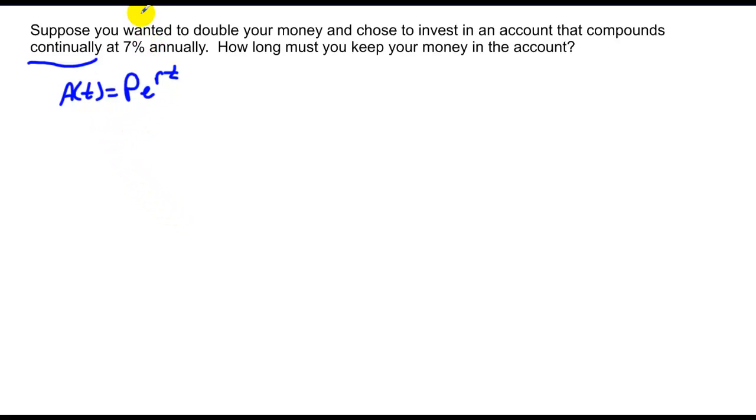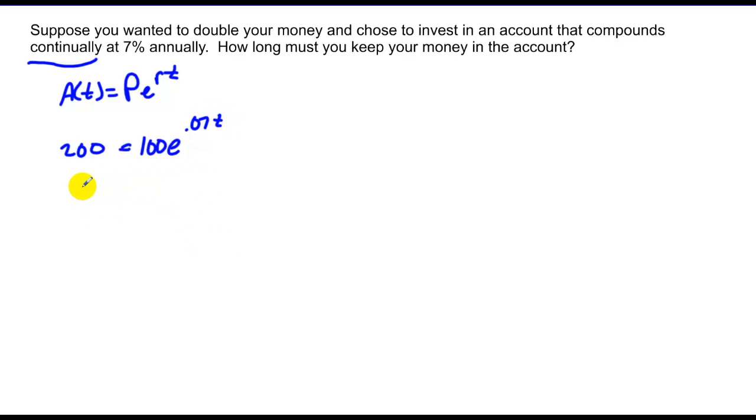So we start out with an unknown amount of money. We can pick any amount we want. I'll just pick $100. And we want to double it, so we want to go to $200. And we take e to the rate, which is 0.07, times t.